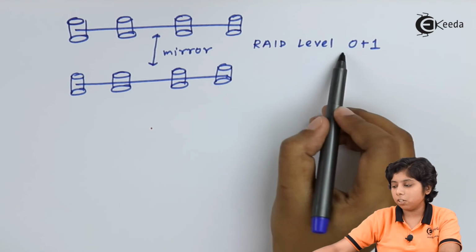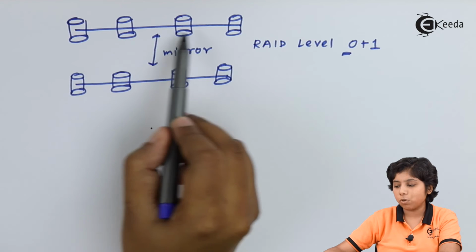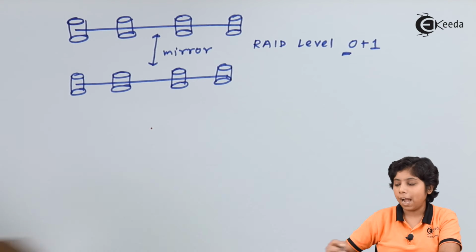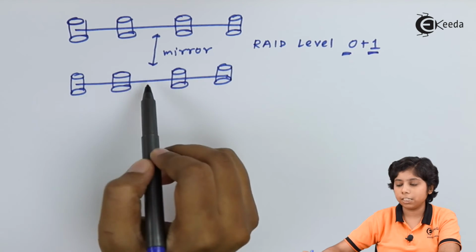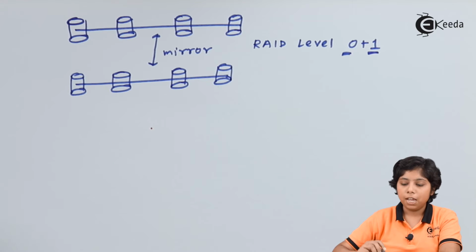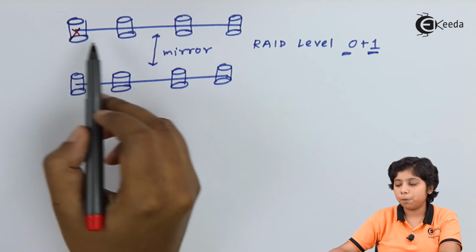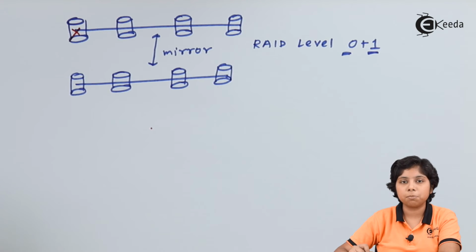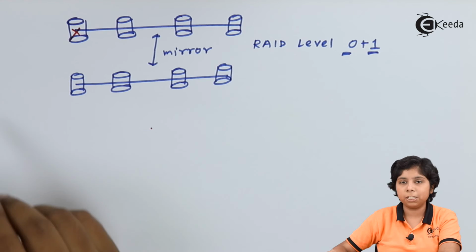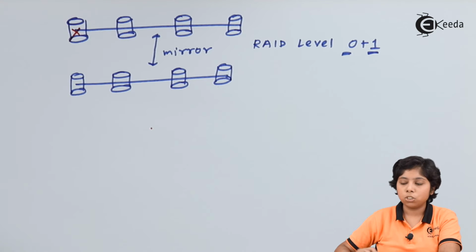Here the feature of 0 is implemented first, that is striping of the disk accesses, and then the feature of 1 is used, that is mirroring of the data. Now if there is a single disk failure, say for this one marked X, this particular stripe will be inaccessible, leaving only the mirror image. So all the disks become wasted.